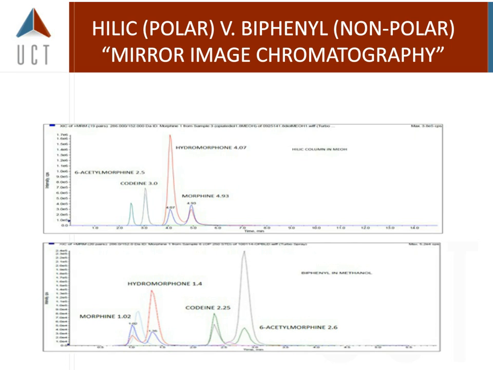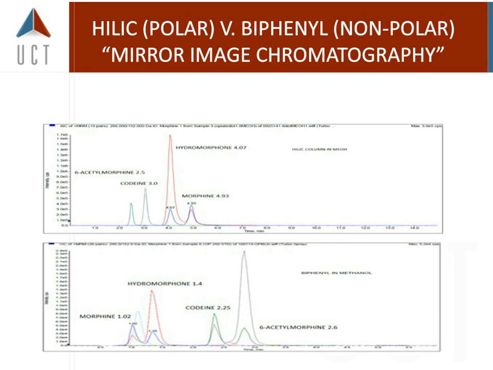Notice that in looking at several of these opiates, their retention is reversed. And this is important to understand because now you look at something like on the top where it's the HILIC column, the 6-acetylmorphine, being the most polar, sticks more, or retains less to that column because it has less polarity. It's a polar phase in that LC.